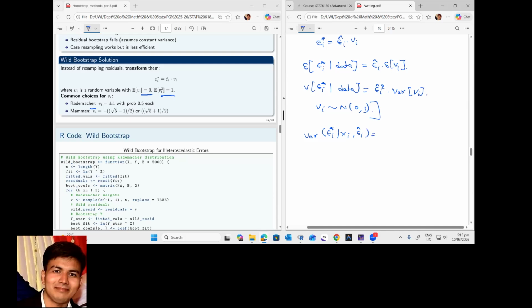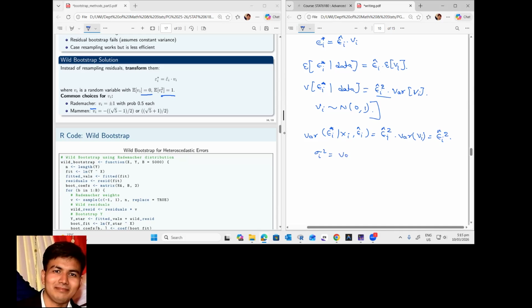It will equal epsilon i hat squared times the variance of Vi, which equals epsilon i hat squared. Since epsilon i hat squared is a consistent estimator of sigma i squared, that is the variance.